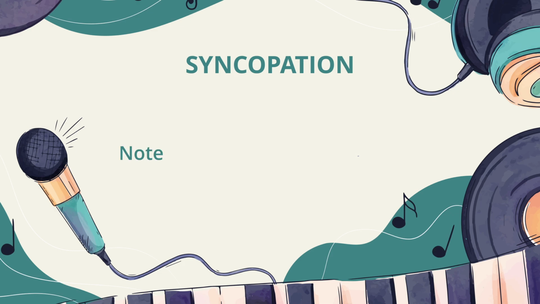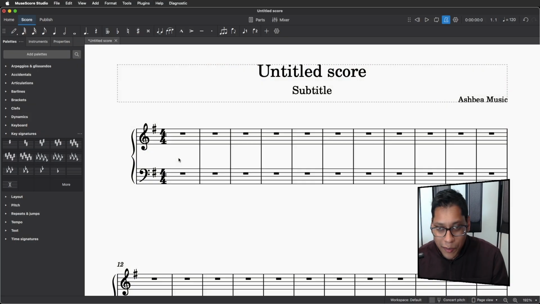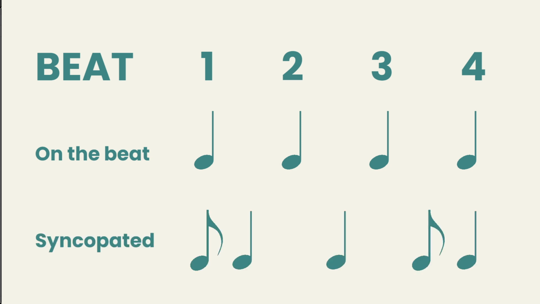Syncopation is when notes that should come on beats do not happen on the beats, but they happen off the beats. What I mean by on beat and off beat is that if it's on the beat, it's on a number. And if it's off the beat, it's not on a number.